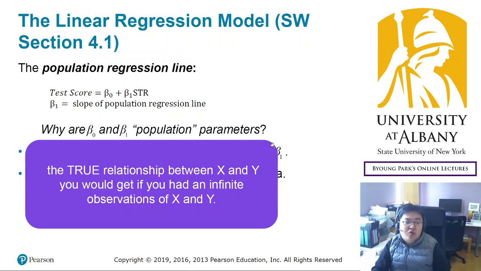We would like to know these two population parameters, and we assume that the true relationship is given by those two numbers. We are summarizing everything into these two numbers. Beta 0 and beta 1 will explain the relationship between these two variables no matter how many observations you have. So it's a huge simplification and will help computation and presentation, and help you better understand the trend in the data.